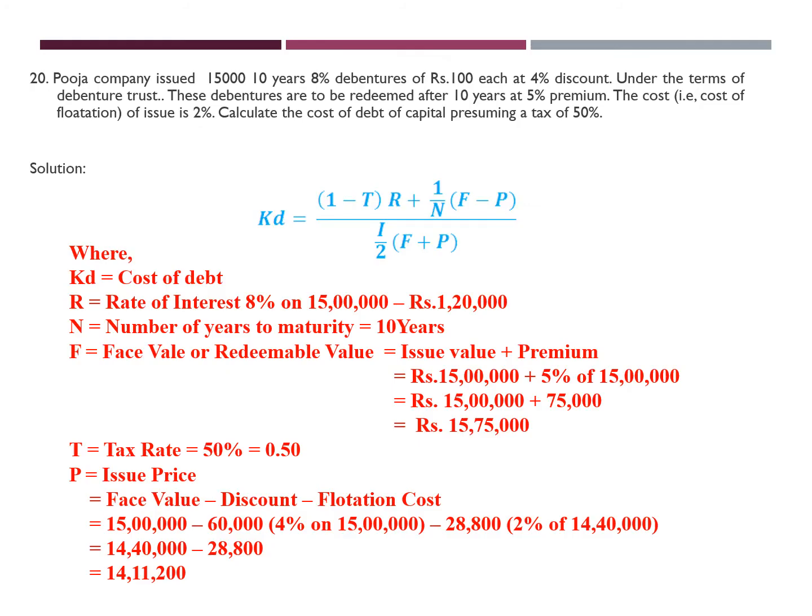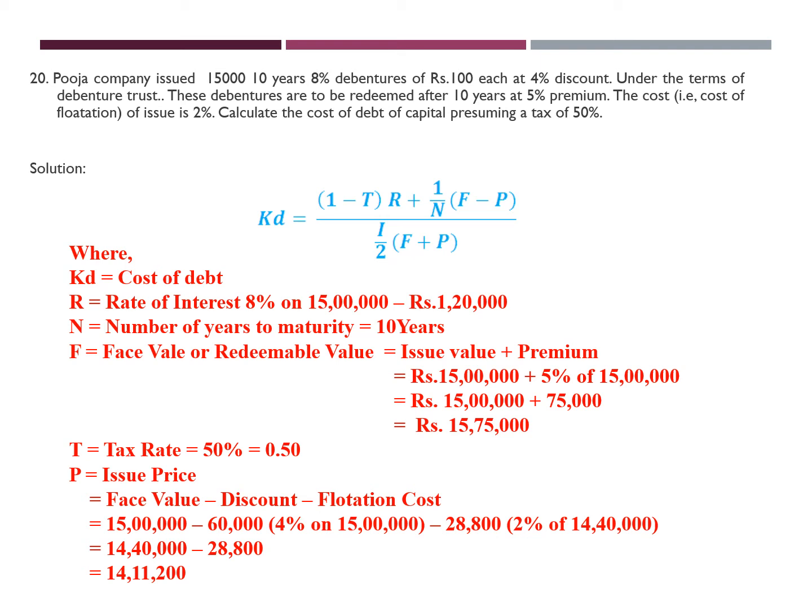I have taken one more new type of problem over here. Pooja company issued 15,000, 10 years, 8% debentures of rupees 100 each at 4% discount under the terms of debenture trust. These debentures are to be redeemed after 10 years at 5% premium.